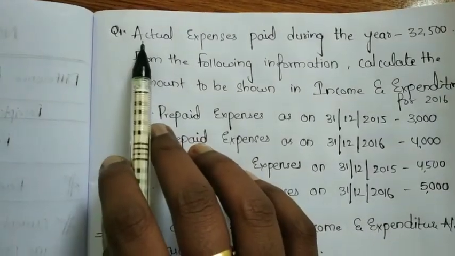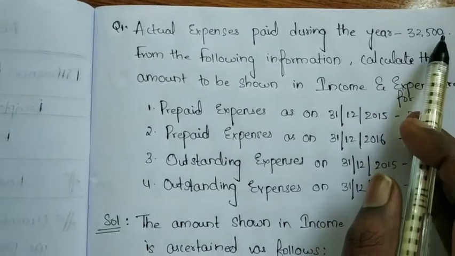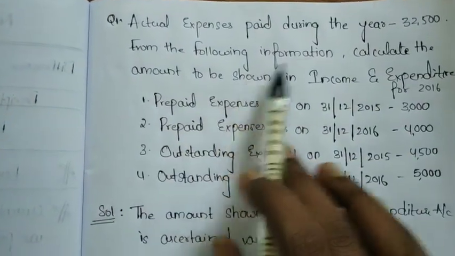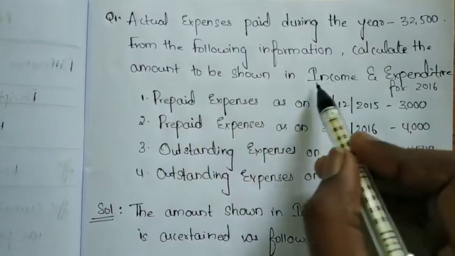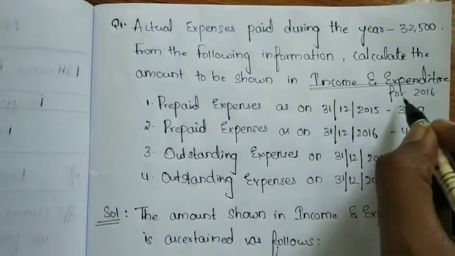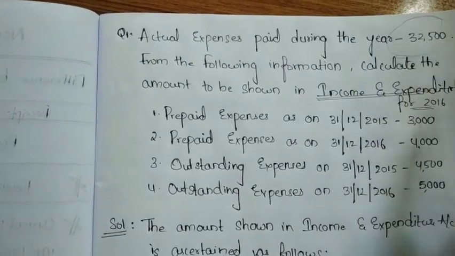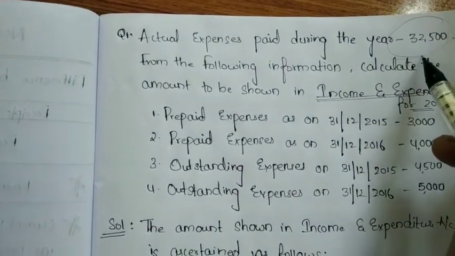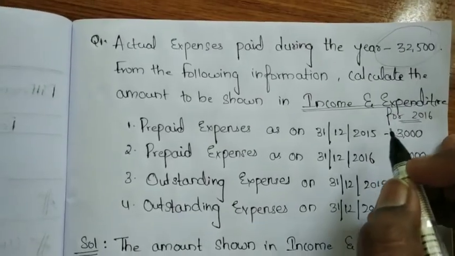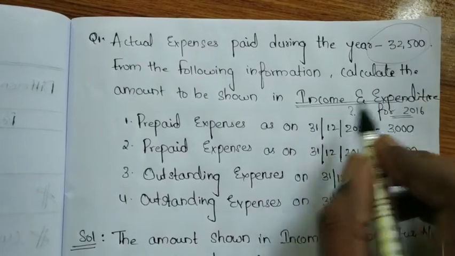See the question. Actual expenses paid during the year was 32,500. From the following information, calculate the amount to be shown in the income and expenditure account, for the year 2016. That means the actual expenditure paid in the year 2016 was 32,500, and they are asking us to compute the amount to be taken under the income and expenditure account.